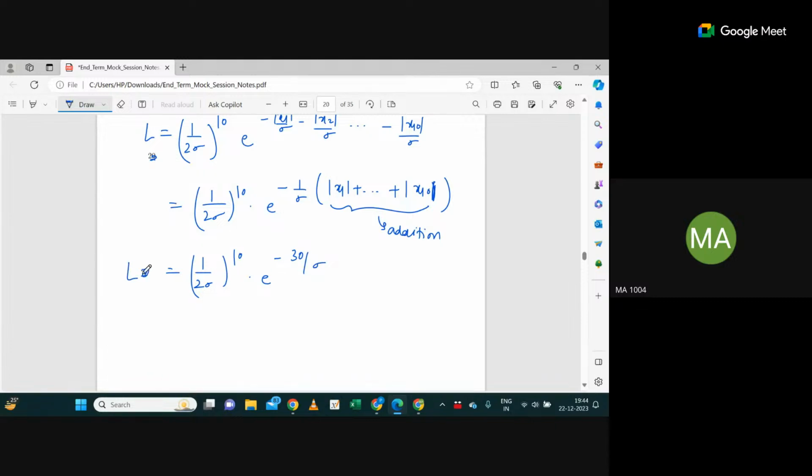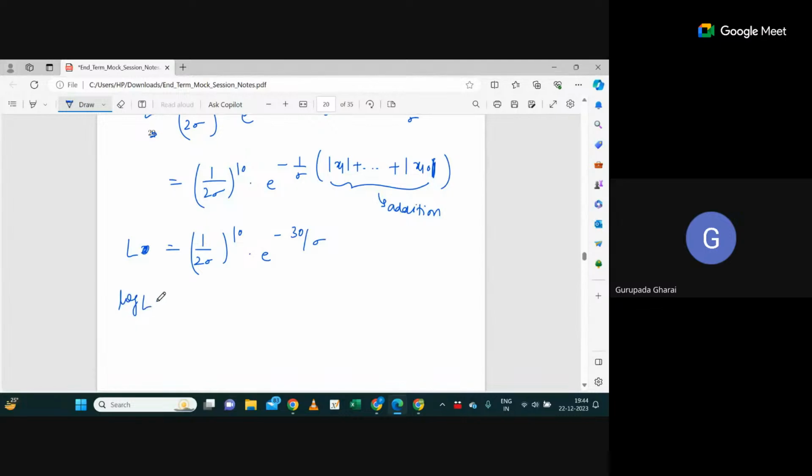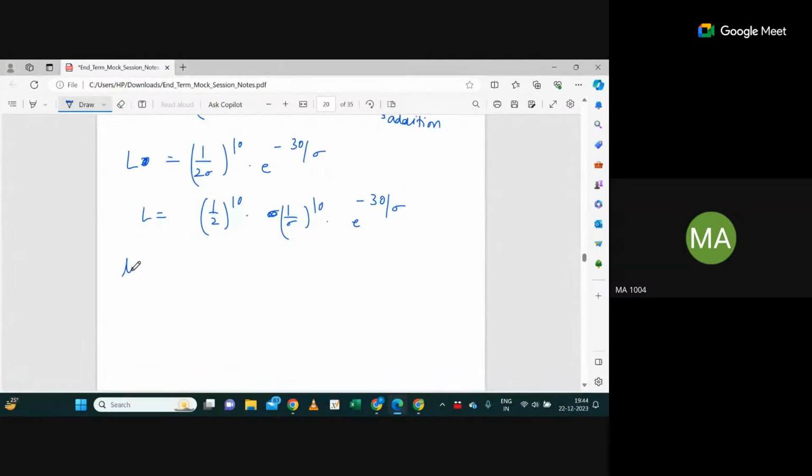So what's the next step? I have to take the log. Before that, I can write 1 by 2 raised to the power 10 into 1 by sigma raised to the power 10 into e raised to the power minus 30 by sigma. Next, taking the log: log of 2 raised to the power minus 10, plus log of sigma raised to the power minus 10, plus log of e raised to the power minus 30 by sigma.